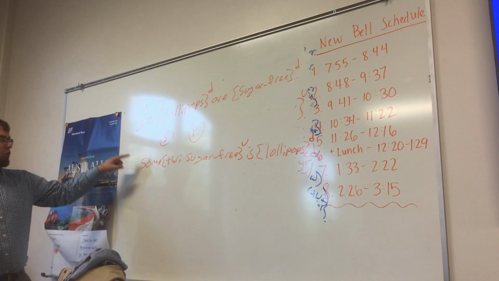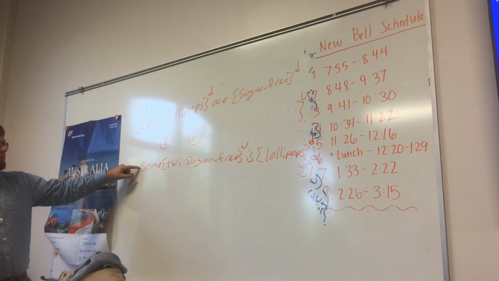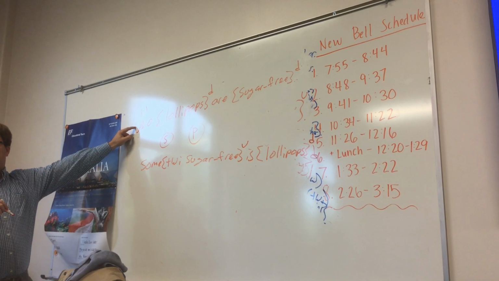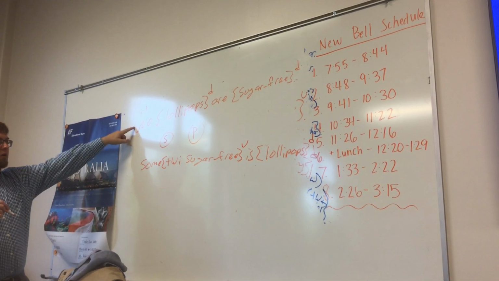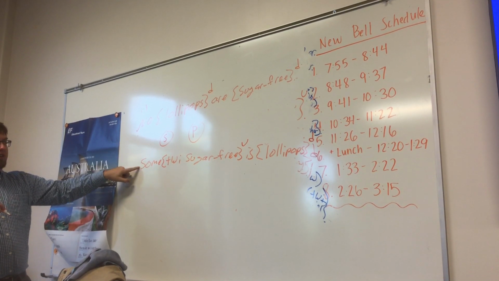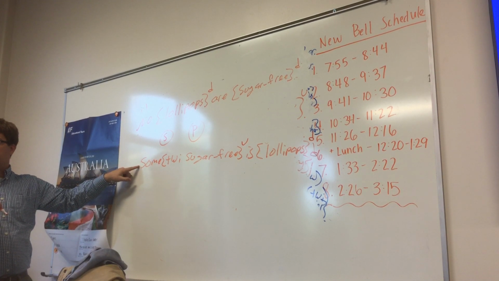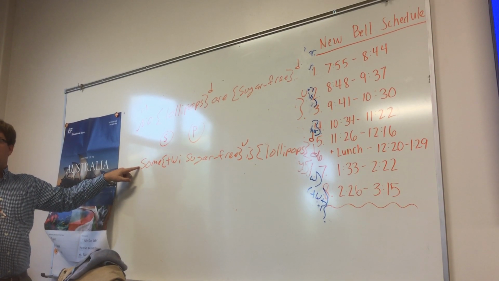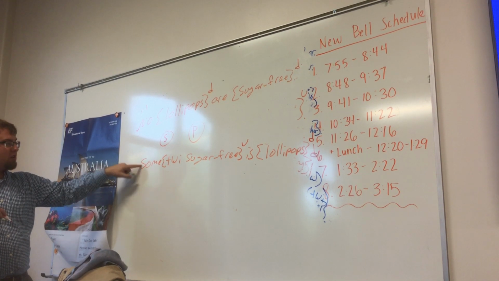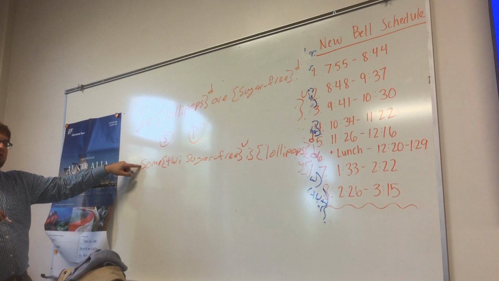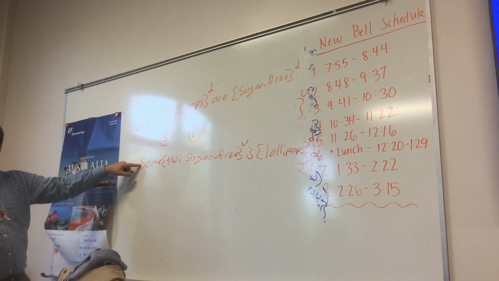The reason this works is that this one is implied by this one. If no lollipops are sugar-free, some of the things that are sugar-free are lollipops. But we can't flip that. If we start with this one, some of that which is sugar-free is lollipops.